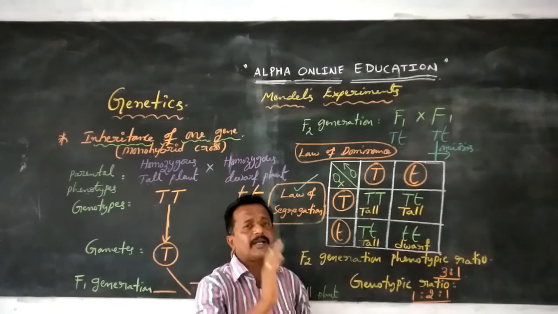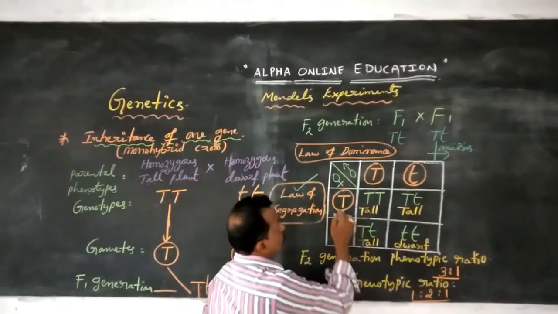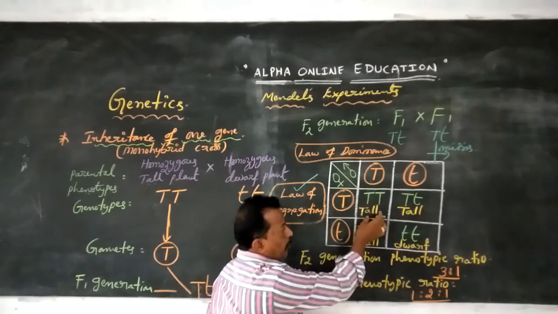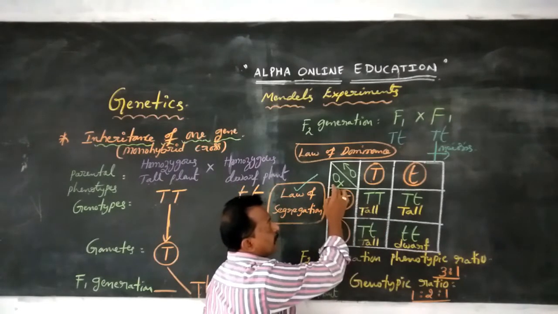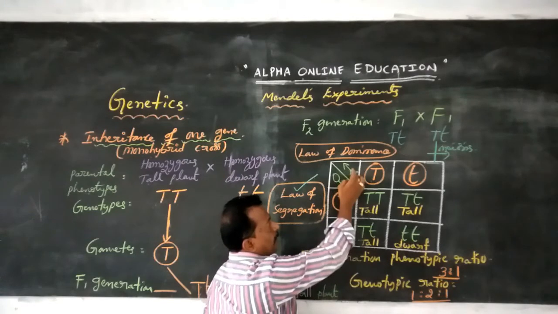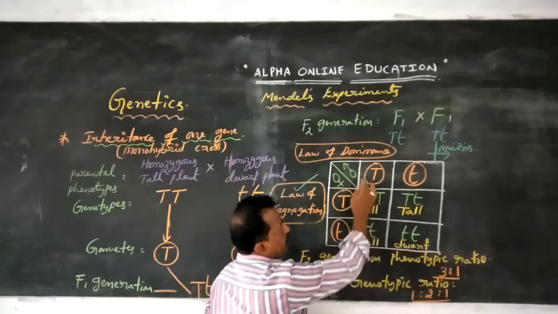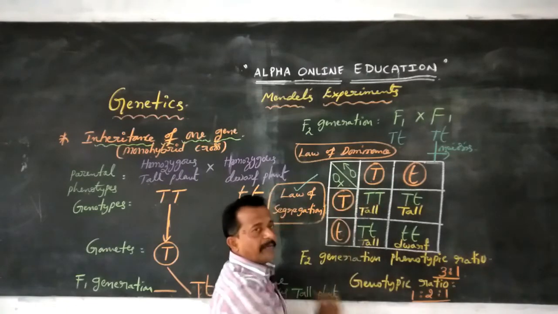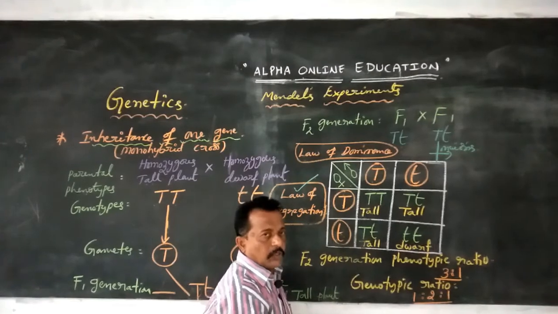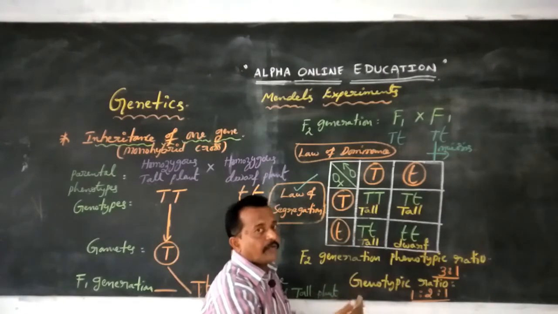In a Punnett square, the female gametes are always written on one side and the male gametes on the other. These two are male gametes, these two are female gametes, and they fuse.